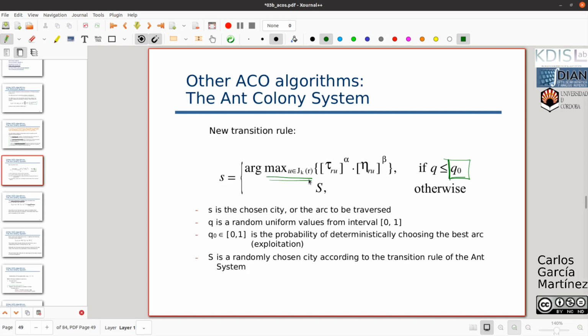Nothing about a probabilistic choice, but just this decision.